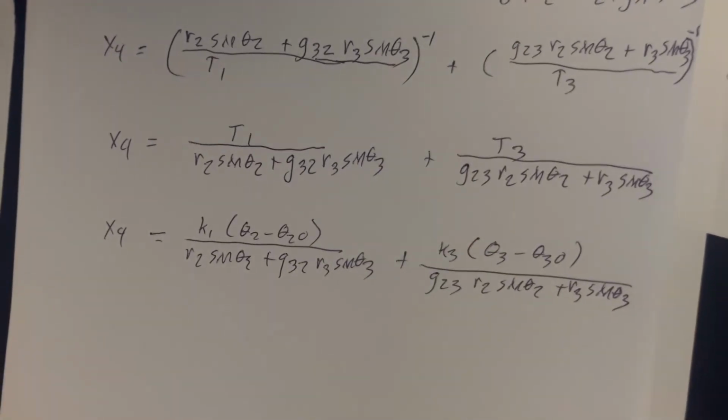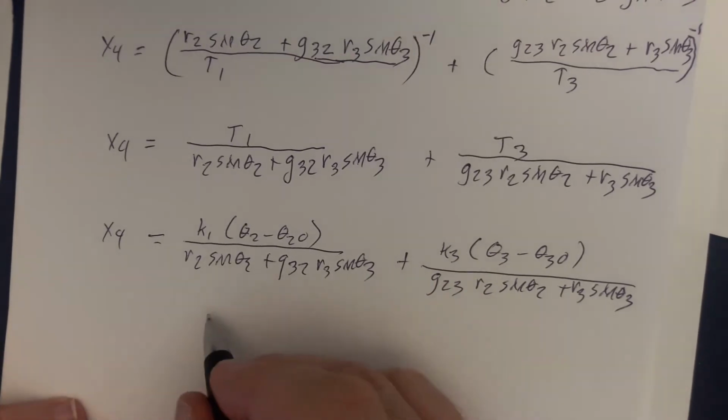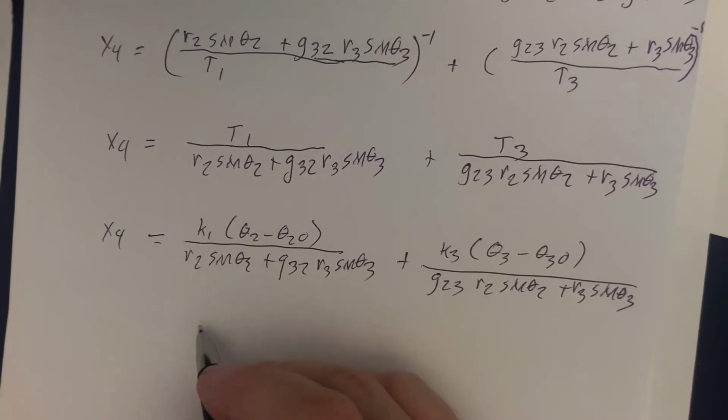And honestly, substituting in G32 and G23 doesn't really help the equation, so I'd probably just calculate those separately.